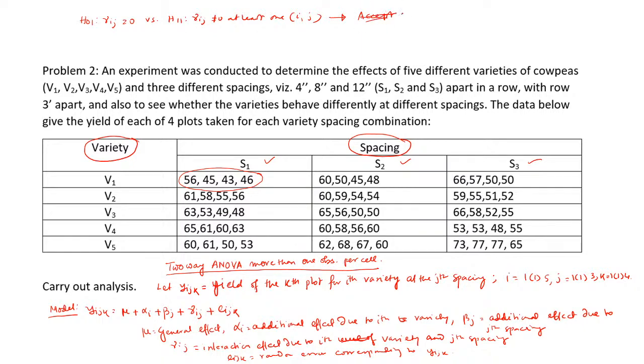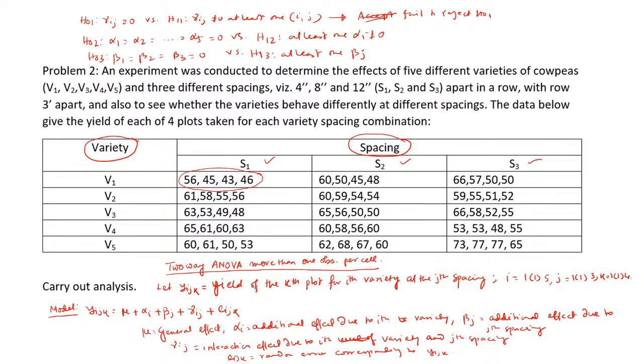If we fail to reject H01, then we proceed further: H02, alpha 1 equal to alpha 2 equal to alpha 3 equal to 0 versus H12, at least one alpha i not equal to 0, and H03, beta 1 equal to beta 2 equal to beta 3 equal to 0 versus H13, at least one beta j not equal to 0.